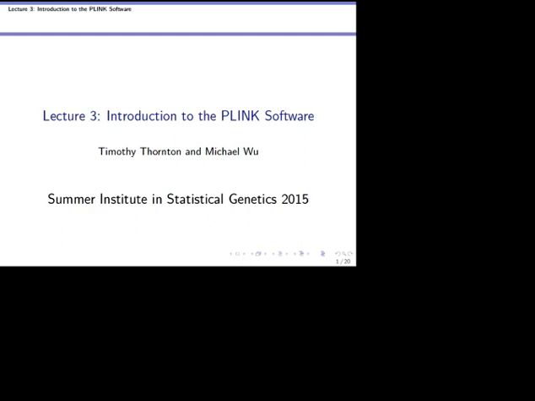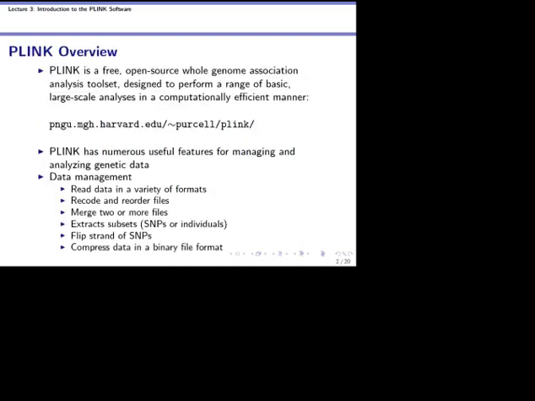Okay, so we're going to talk about the PLINK software. This is a very useful tool if you're going to be doing genome-wide association studies for large-scale data. We're testing one SNP or a few SNPs for association analysis, but when you have these large data sets with thousands of individuals and hundreds of thousands, even millions of SNPs, using R can be quite slow because you have to read all this data into memory and analyze it.